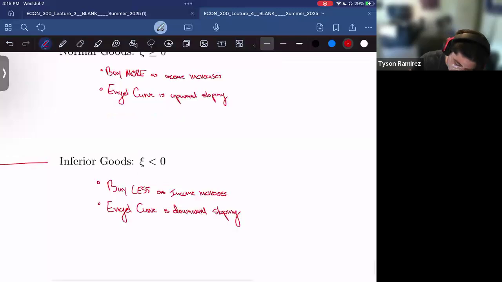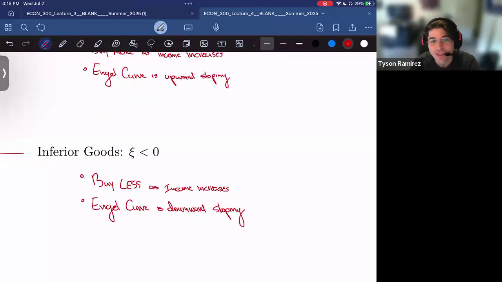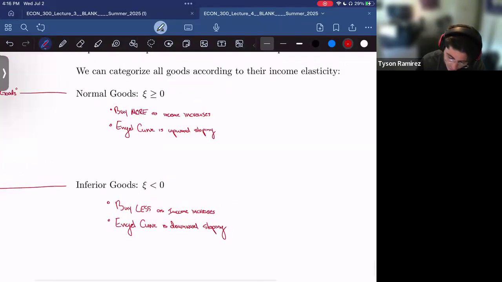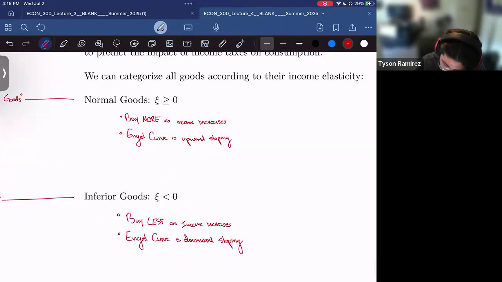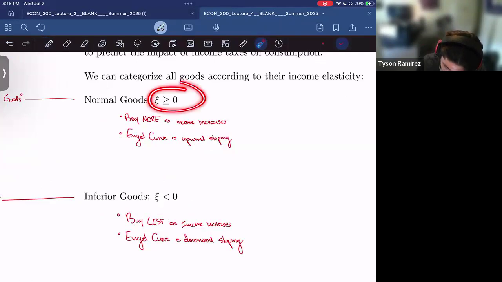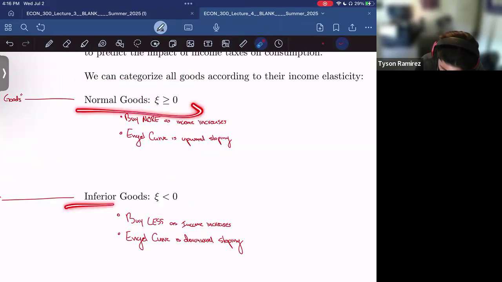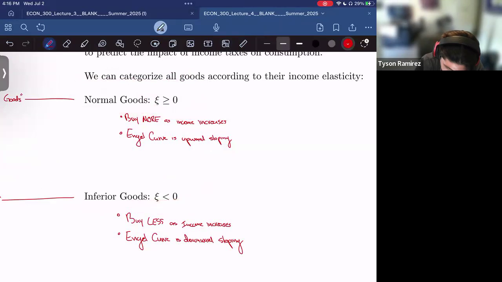The Engel curve is downward sloping in the case of an inferior good. And on this one, I should make a small note that even if this income elasticity is zero, we still lump that into normal goods. So this one doesn't have a middle case. There's no unit good. It's just normal or inferior.